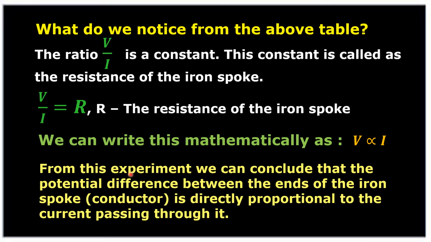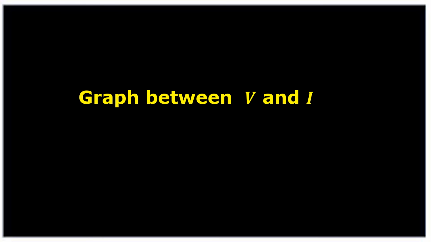Okay, so this is called Ohm's law, isn't it? Now let us draw a graph between V and I. Taking V on the x-axis, I on the y-axis, let us draw the graph.